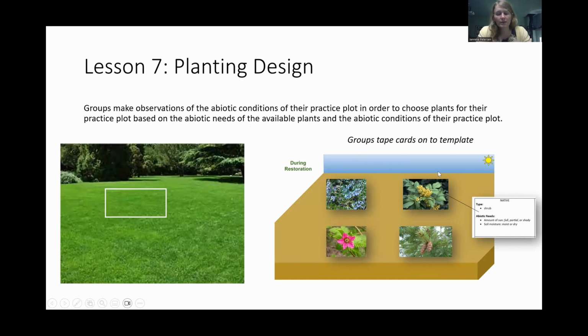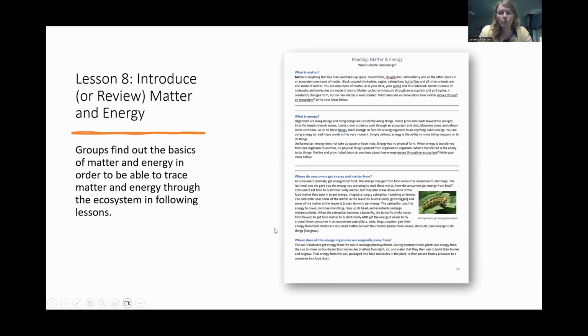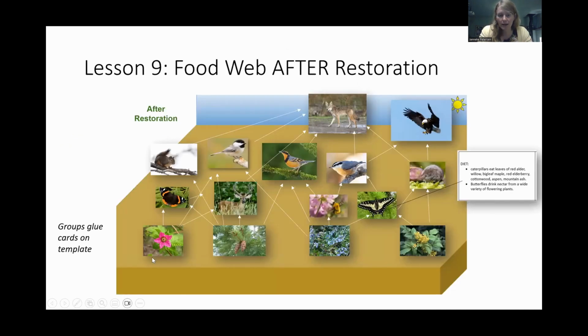And now they need to move them and glue them into a line at the bottom of this template that's after restoration in order to show how those 4 plants support a food web. And how do they know which consumers eat the producers and which consumers eat which consumers? Well, that diet information is all on the back of each card that you created. So groups glue these cards onto the template and then they show arrows to show eating relationships and flow of matter and energy.